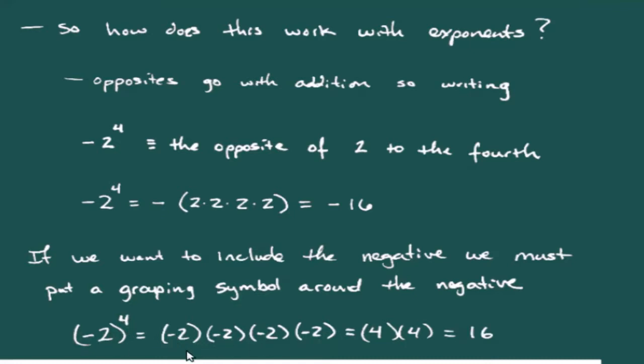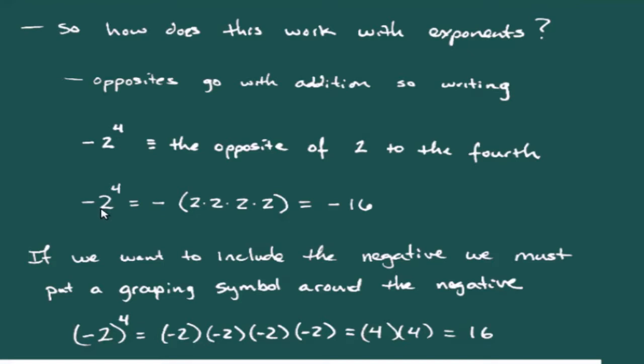So we've got -2 times -2 times -2 times -2, giving us -2 times -2 giving us a +4, -2 times -2 giving us a +4, 4 times 4 giving us 16. So a -2 with parentheses around it to the 4th power is going to give us a +16.